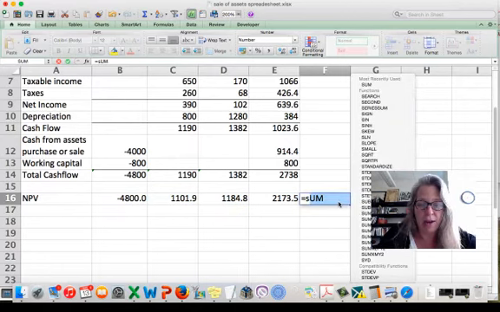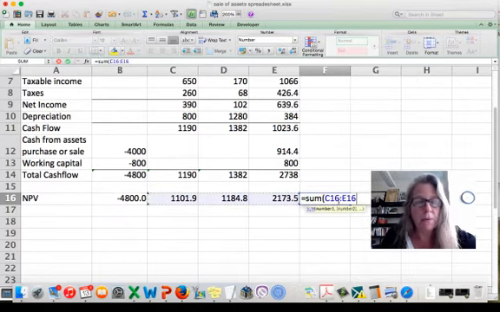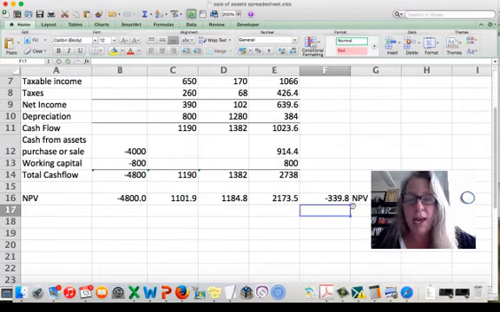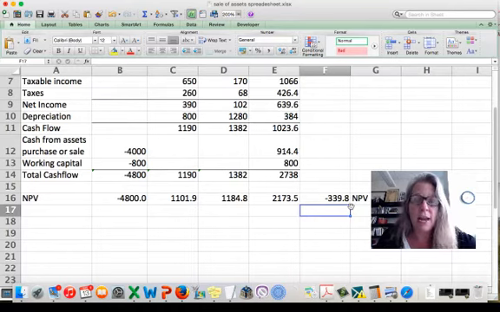And I'm just going to add all these up. And that means that the net present value of this project is negative 339, which is less than 0, so it's not a good investment.